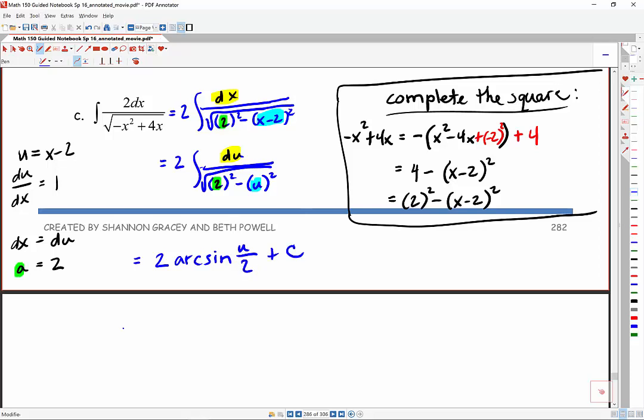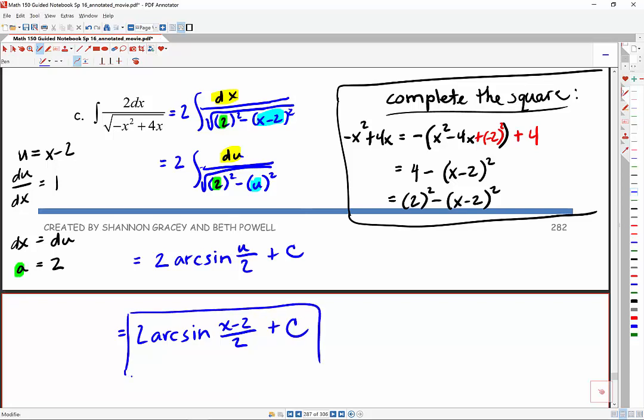So we'll have 2 times arc sine of our u, which was x minus 2, over 2, because that was our a, plus c. And we are good to go. And this is how it all matched up. Okay? All right, let's see what's next.